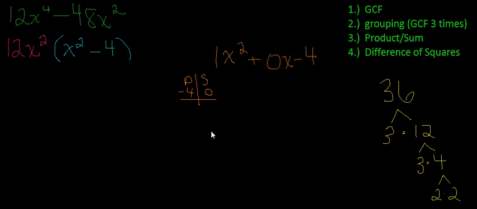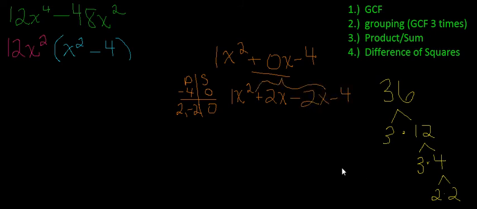Well, the 2 numbers that multiply to negative 4 and add to 0 are 2 and negative 2. So now we can break our middle term, 0x, down into plus 2x minus 2x.